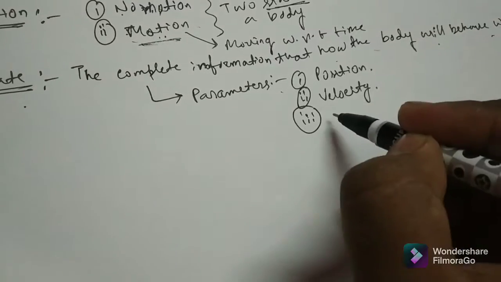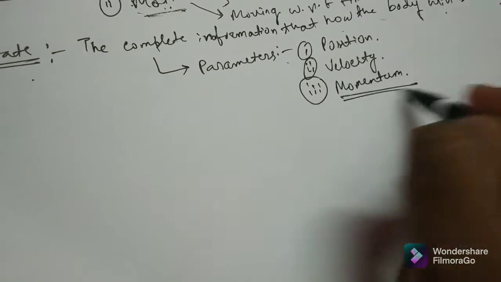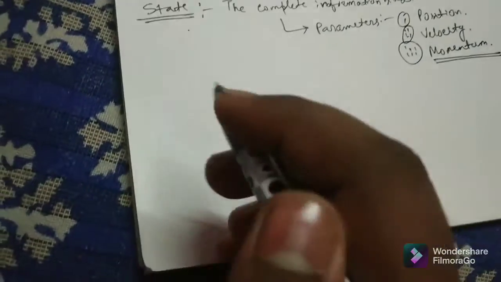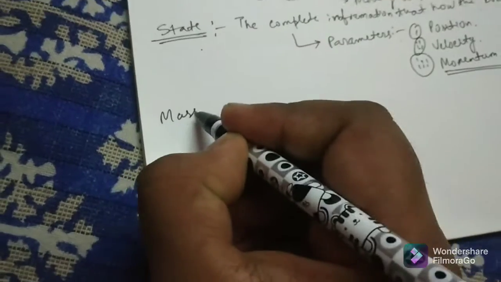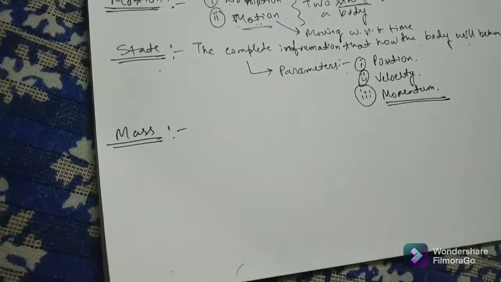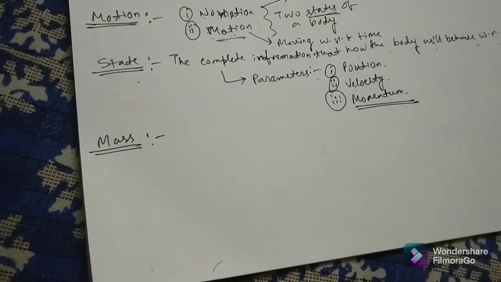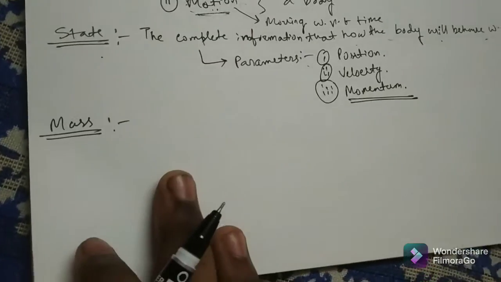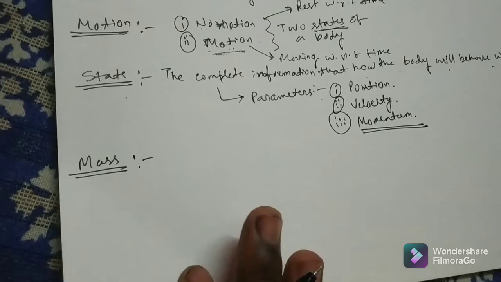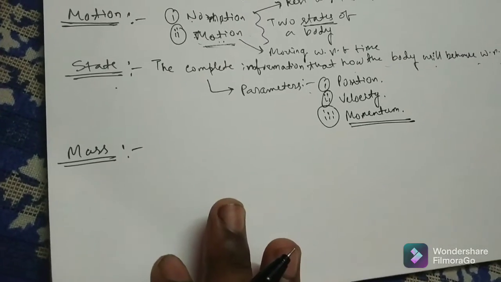Another is momentum. Now to define momentum, I first have to say something about mass. There has been a lot of argument about the mass of a body. In a later course on relativistic mechanics, I'll discuss how Albert Einstein described mass.